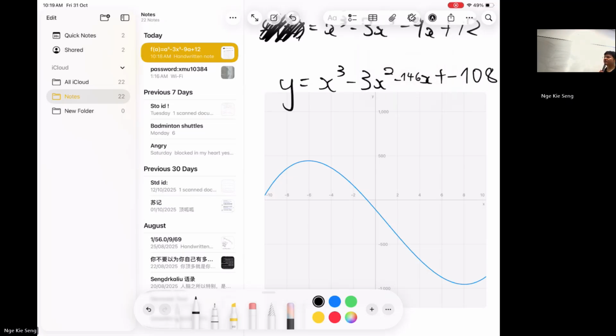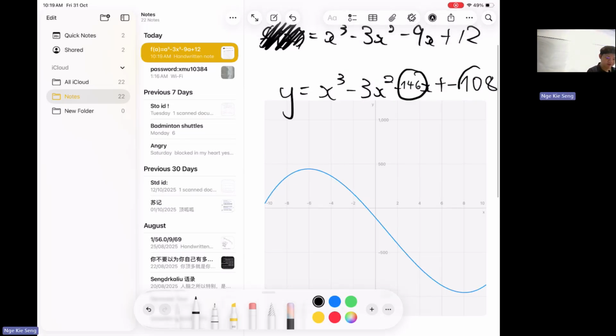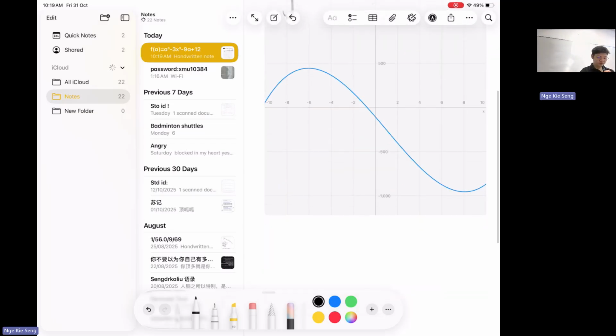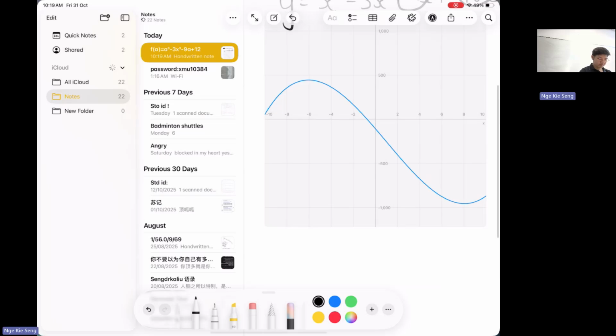See? You can change this number here as well. It's quite laggy using iPad Notes. Yes, this number can be changed. Very useful tools here.